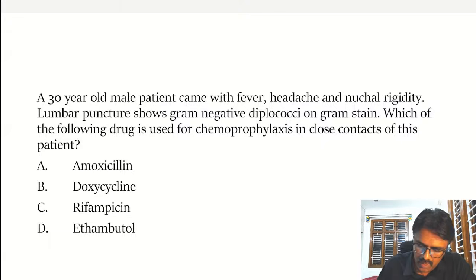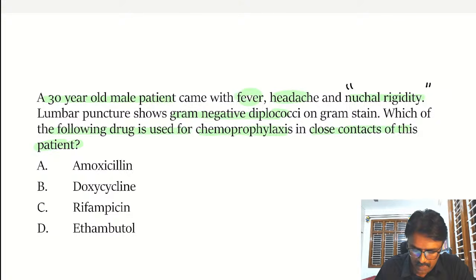Let us move on to the next question. A 30-year-old male patient came with fever, headache, nuchal rigidity. Lumbar puncture shows gram-negative diplococci, that is meningococci. Which of the following is used for chemoprophylaxis in close contacts of this patient? Gram-negative diplococci with headache and nuchal rigidity means meningococcal meningitis.